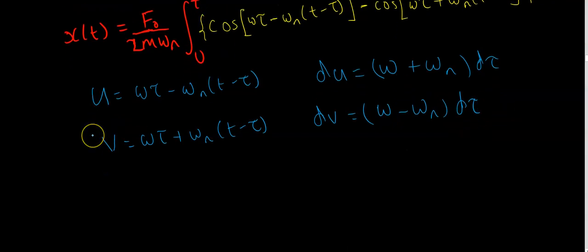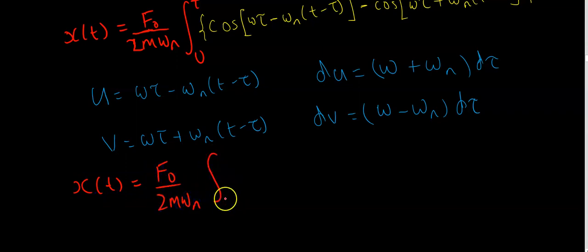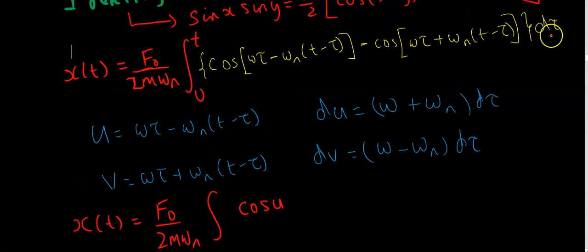So we use these substitutions, and you can recognize now that x(t) is going to be F naught on 2m omega_n times the integral. I'm going to leave out the limits because I'm changing everything to u and v now. So I'm going to get cosine of u for this expression. But if I'm going to change this to u, I want d tau to be in terms of du.